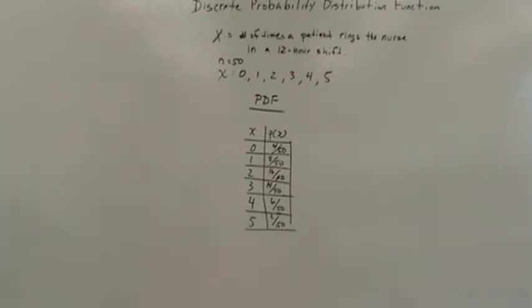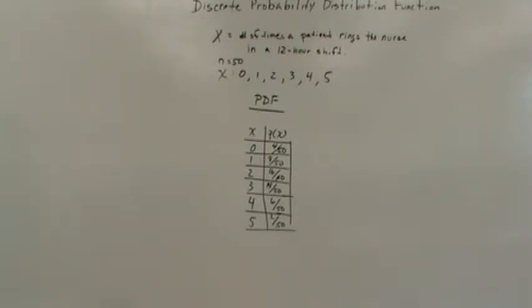Now, I hope you're getting the idea behind how we construct a PDF function. When constructing a PDF, you take all the possible values of x, which is one column of your table, and the other column is the corresponding relative frequencies or probabilities.